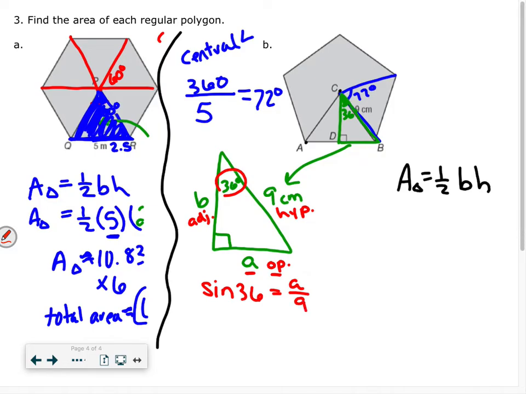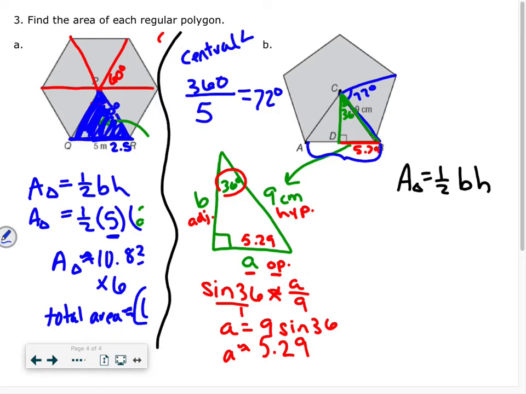Multiply each side by 9, and A is going to be 9 sine of 36, which is about 5.29. While you have that number in your calculator, this part is 5.29, just hit times 2, so that gives us the entire length of the base. You should get 10.58 for our base of that triangle.